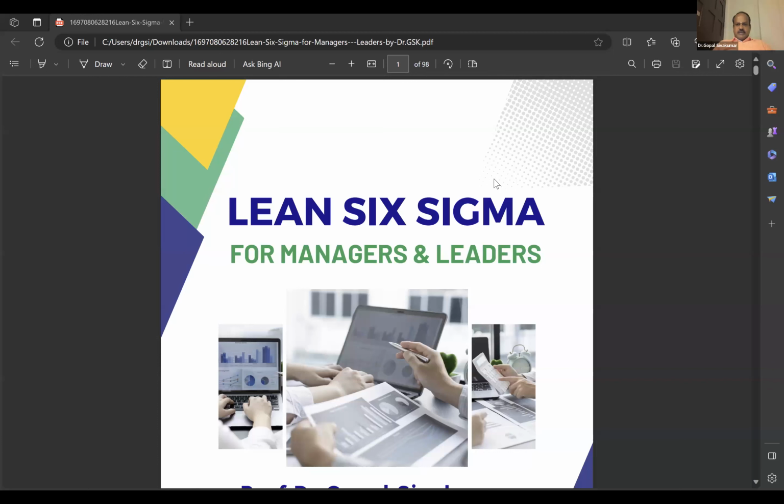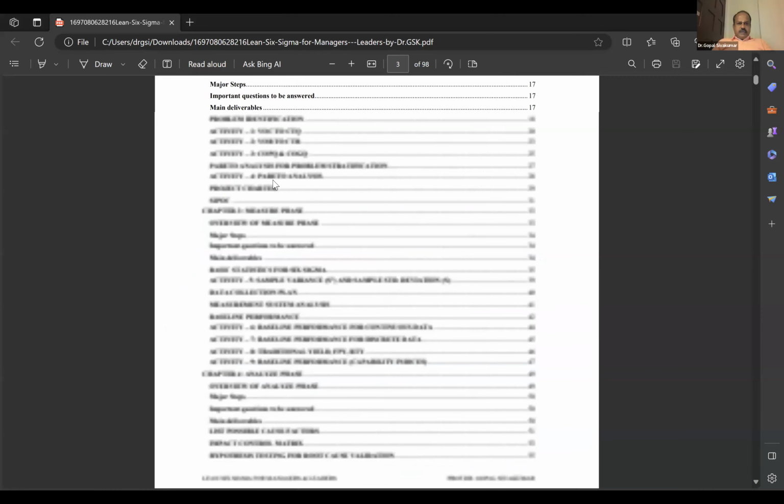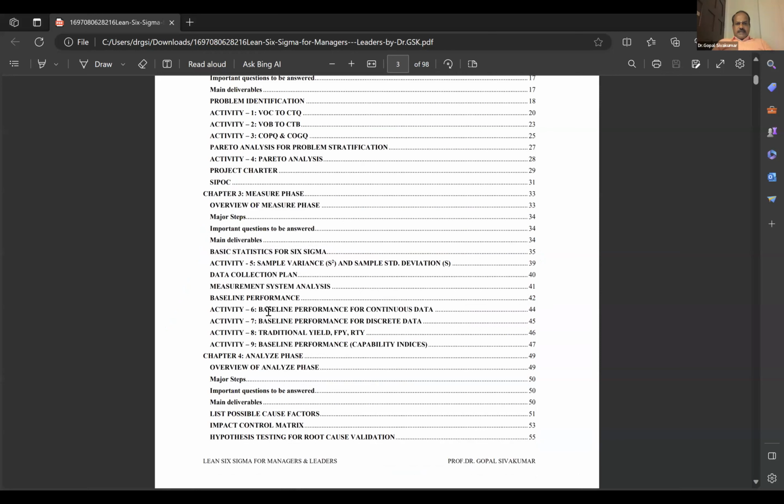Can you all see our book cover? Yes, we can. Now see here, there is activity 6, activity 7, and then finally activity 8.